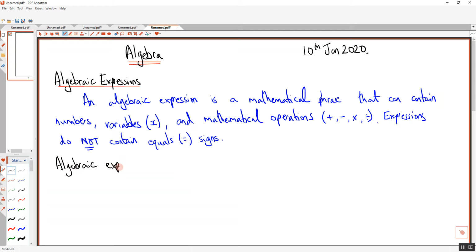Alright, algebraic expressions. There's not too much more, don't worry. Are sometimes called polynomials.